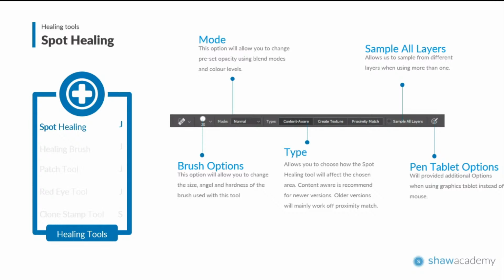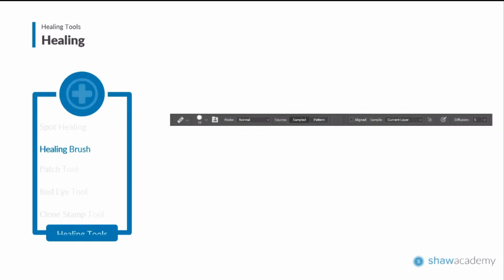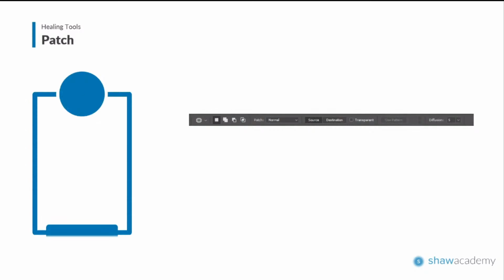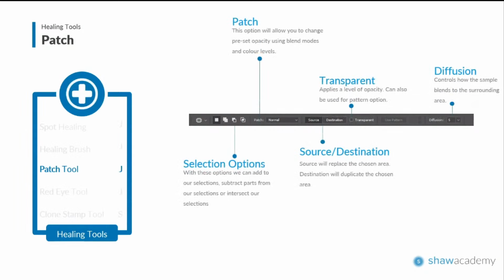We can use content aware, which is incredibly effective, as we're going to see in a moment. And we've got some other options available to us as well. These are going to be pretty much right across the board, similarly with our healing brush, with some slight variations on the properties available to us. But really, the best thing to do with these kind of tools is to simply put them into practice, as we're going to see throughout this lesson.